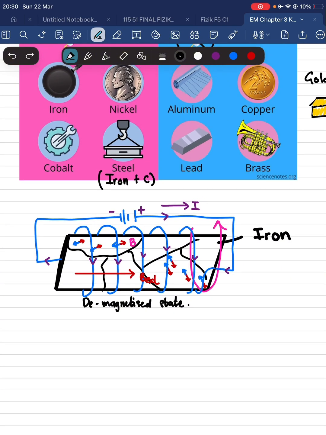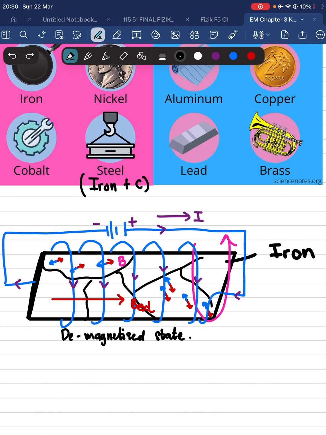Let's say you have learned physics, force and motion. In circular motion, the acceleration is not zero, and it tends toward the center because the direction changes, right? Same goes with this.